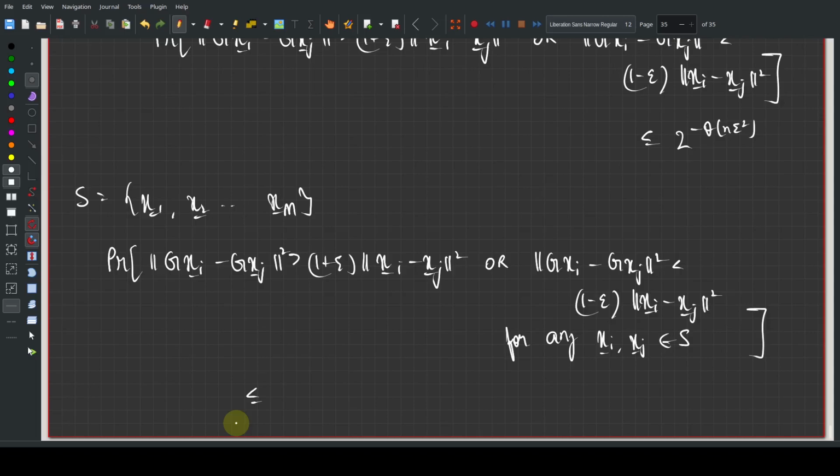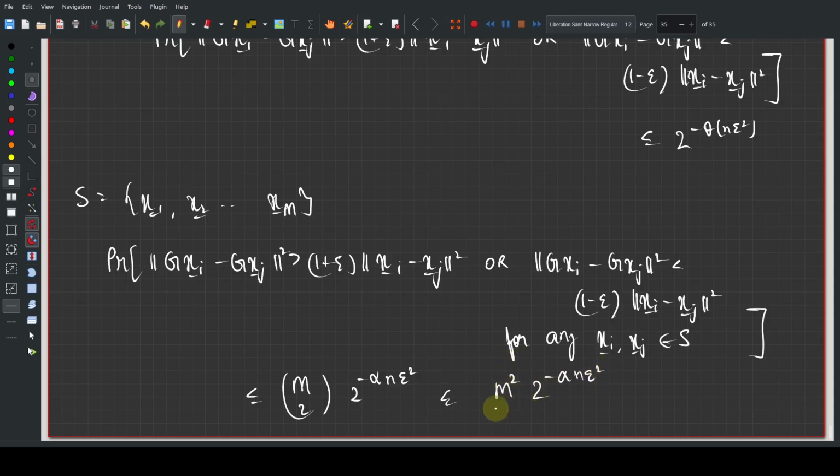What can I say that this is less than or equal to? Right, m choose 2 times 2 to the minus some constant, let me call this alpha, n epsilon squared. Correct? Or this is less than or equal to m squared times 2 to the minus alpha n epsilon squared.